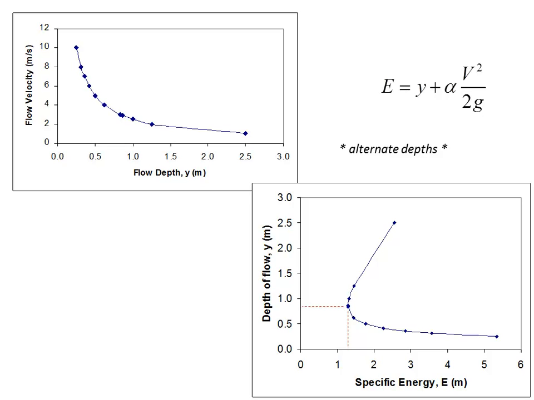And if any parameter changed, we'd have a different figure. They all have a characteristic shape, though. They all look very similar to this. They won't have radically different shapes, but they would have a different minimum energy amount. There's a certain depth that's associated with this minimum of energy amount. And that depth is called the critical depth.